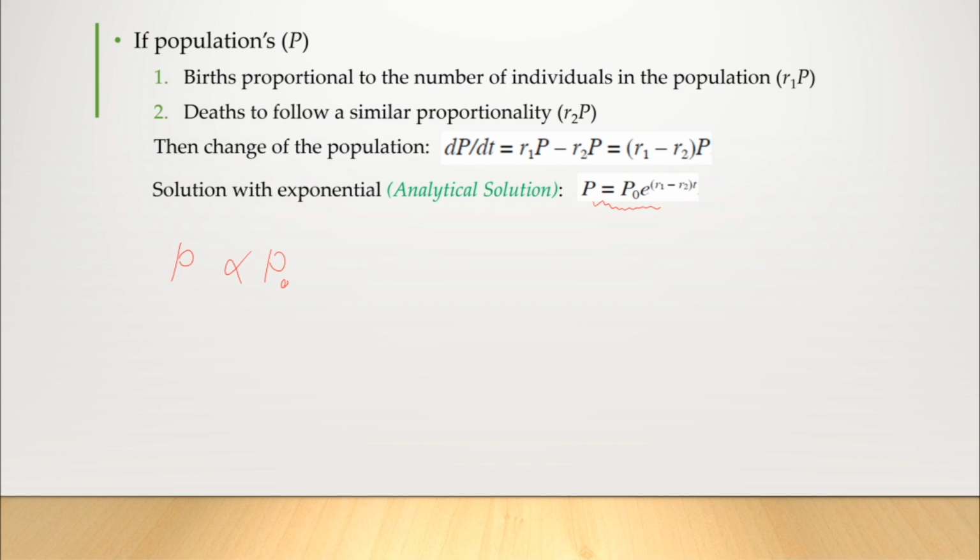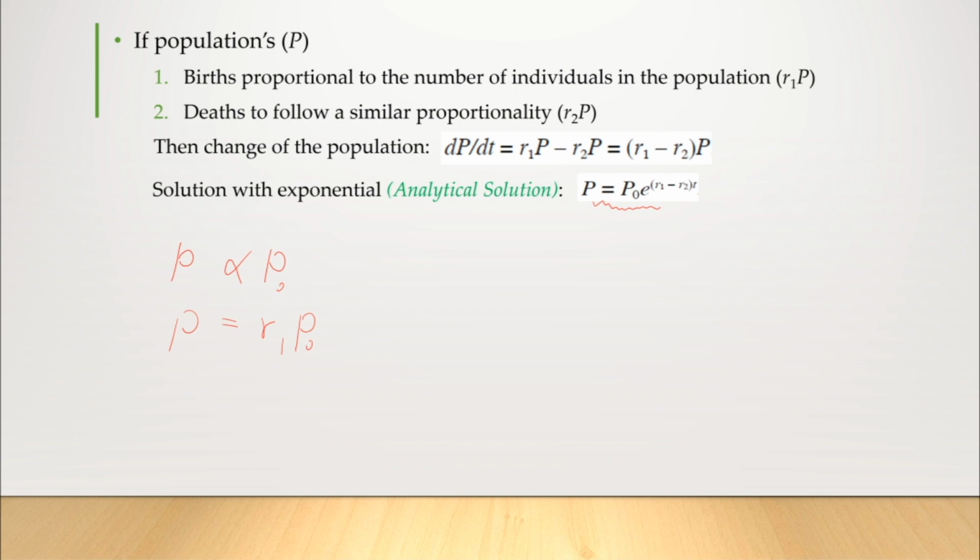So if that's the case, we can put some equation here. This is the initial population, so that means a constant times the initial population. We call this constant R1, and I put P0 here because that's the previous population.